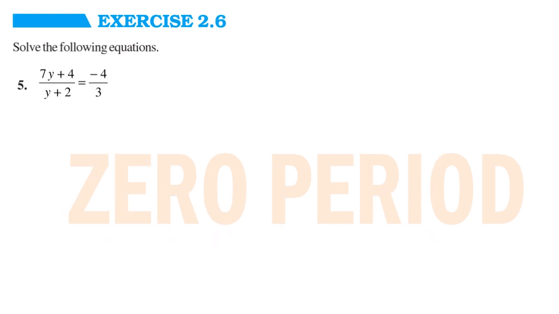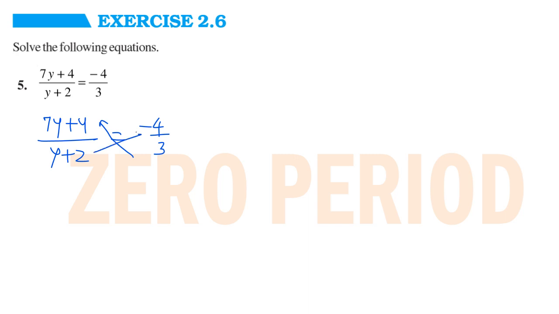Now dear children, we reached question number 5 from exercise 2.6. It is very simple and very similar to previous questions. No need to do anything else except the cross multiplication concept. 7y plus 4 upon y plus 2 is equal to -4 upon 3.